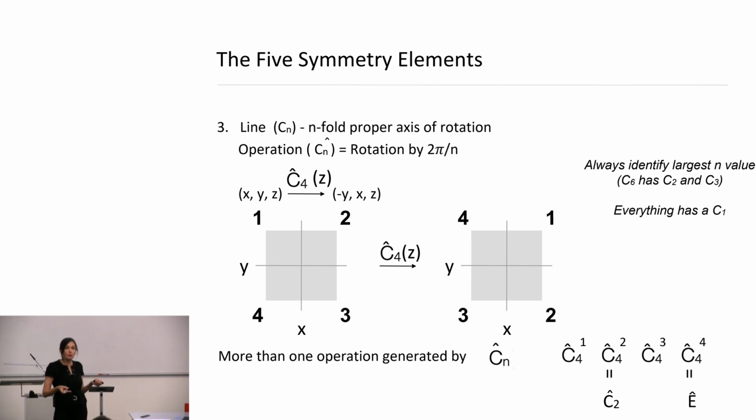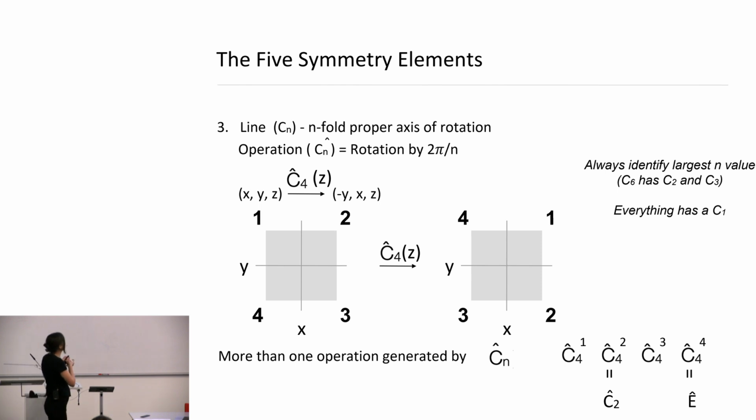And a good example of something that has C4 symmetry is a square, right? There is an axis on which I can rotate that and return the same square. And so I'm just showing that here in very clear terms, where we can imagine a square where I label the corners as 1, 2, 3, 4, and a single C4 axis would be one clockwise rotation, which moves 1 to 2, 2 to 3, and 4 to 1, as pictured here, right?